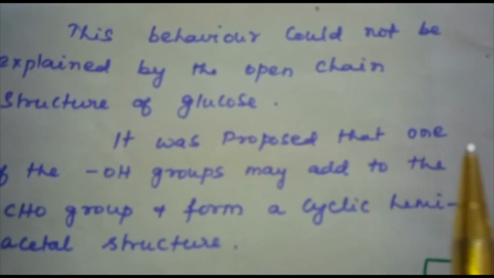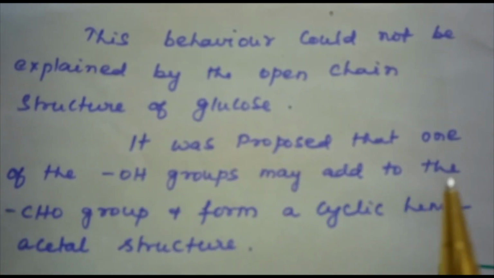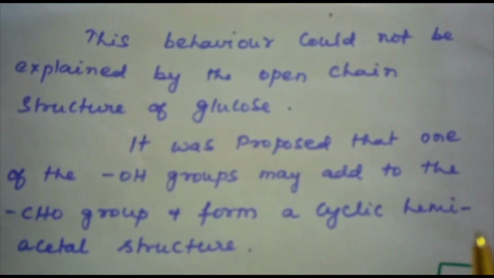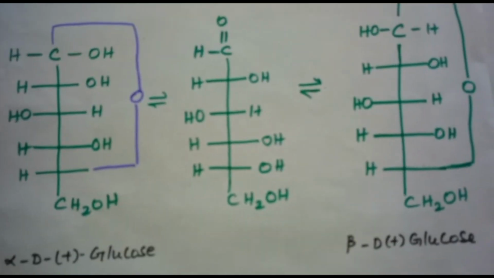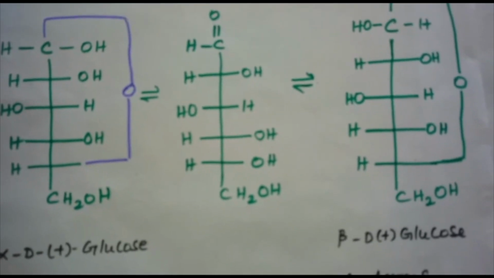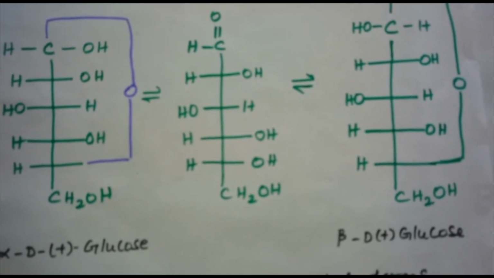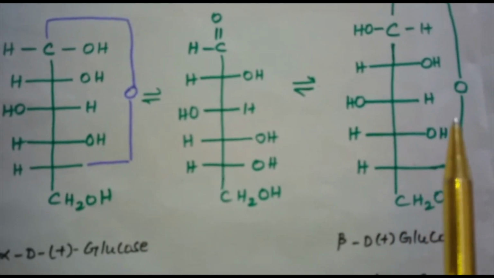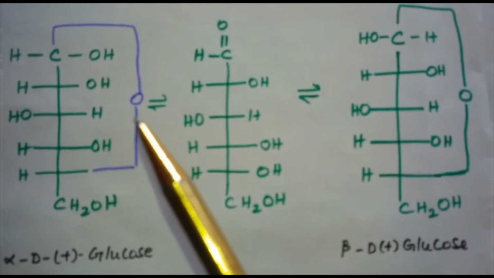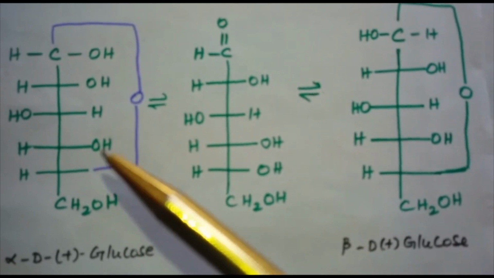So it was proposed that one of the OH groups may add to the CHO group and form a cyclic hemiacetal structure. It was found that glucose forms a six-membered ring in which the OH at the C5 carbon atom is involved in ring formation.